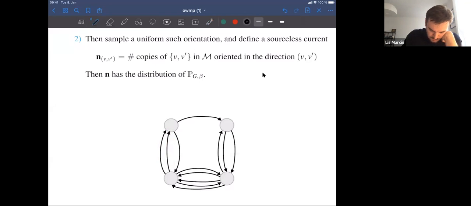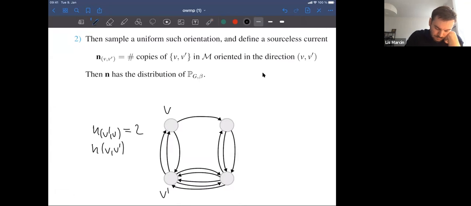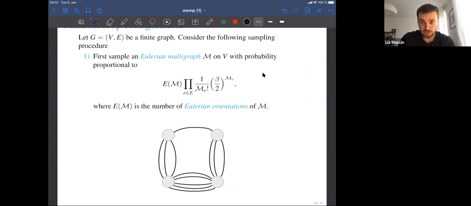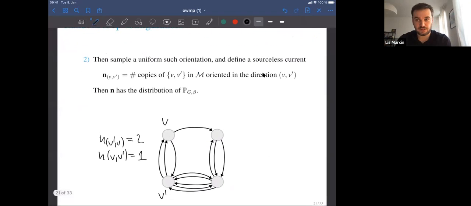So if this is, say, V, and this is V prime, then the current at V prime V, the edge oriented towards V, will be equal to 2, and the opposite one will be equal to 1. It's a projection from this structure, which has more structure, into just currents. From these two formulas, from the definition of currents and the definition of this measure, you can easily see that this object already has the distribution of the current. So at this point, we already sampled the current as well, but this is not the end.